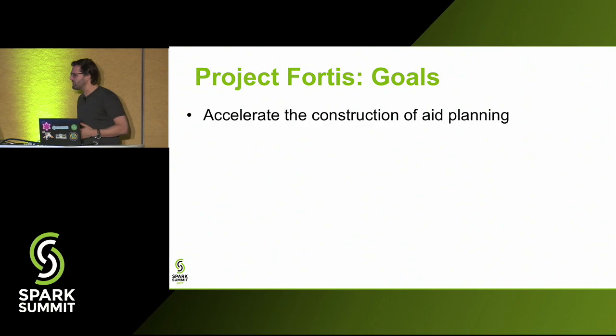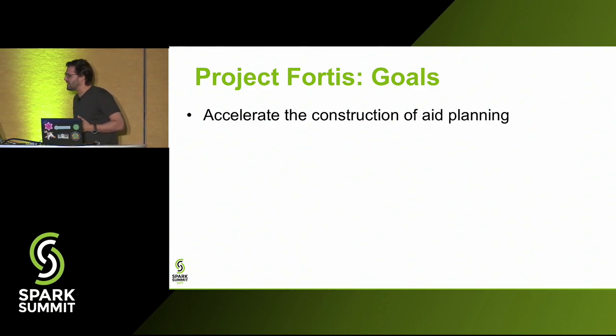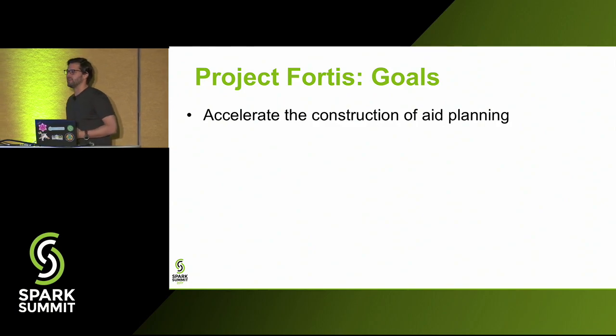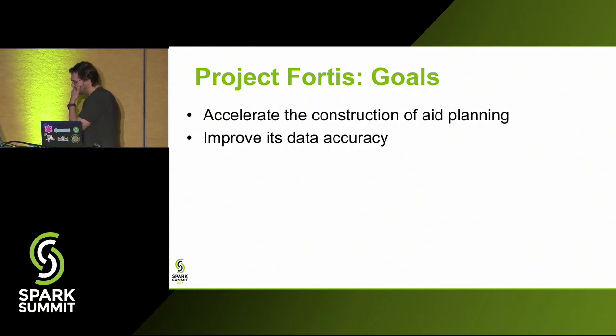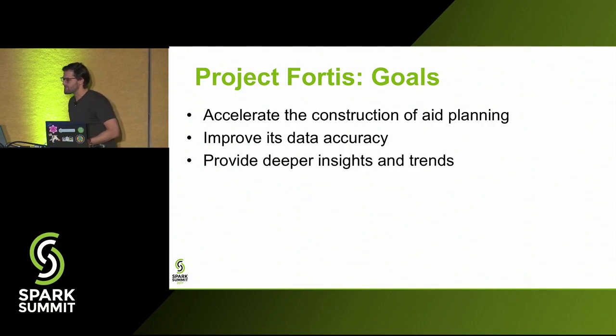So the goal of Fortis was quite simple. Could we search for humanitarian-related keywords in geolocated social media discussions and other short messages, against real-world features like within a city or state, and identify trends in conflict? We want to accelerate the timing of these construction plans and improve the data accuracy.